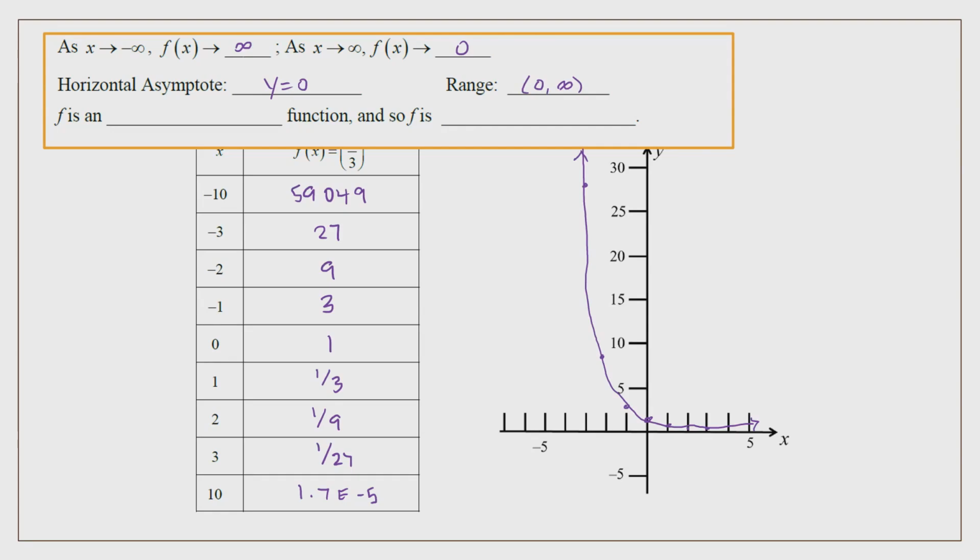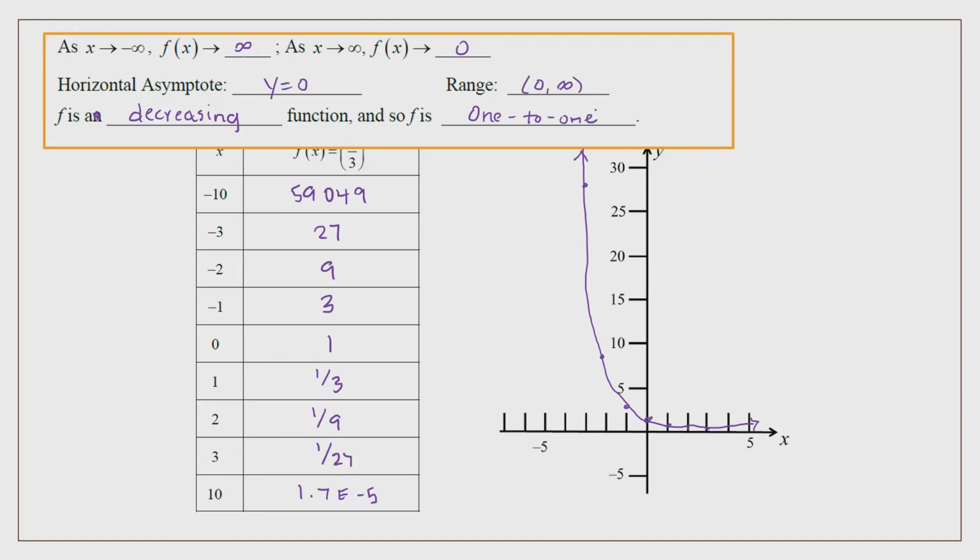F is a decreasing function, and so f is 1 to 1. Okay.